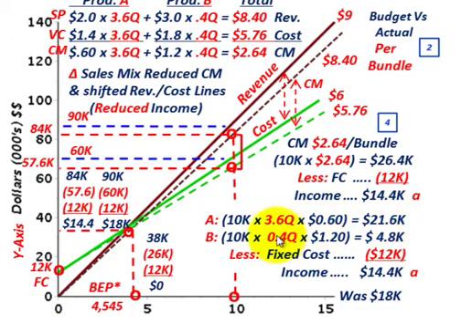For B, 10,000 times 0.4, that ratio, times $1.20 per unit contribution for B, gives us $4,800. Subtract out our fixed cost of $12,000, gives us an income of $14,400.